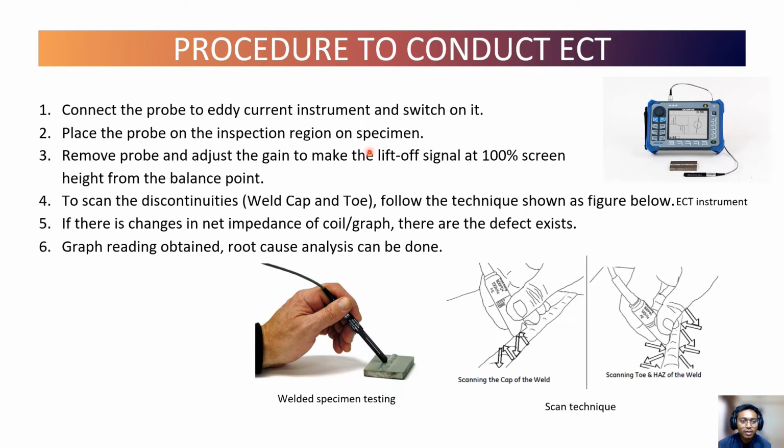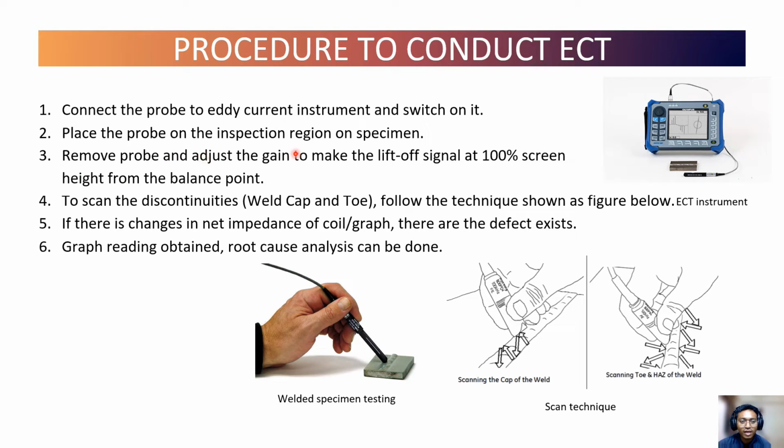Connect the probe here. Then place the probe on the inspection region on the specimen. Place the probe on the inspection region here. There will be a reading on the instrument. Then the reading we need to freeze.